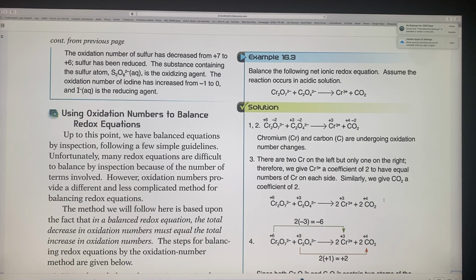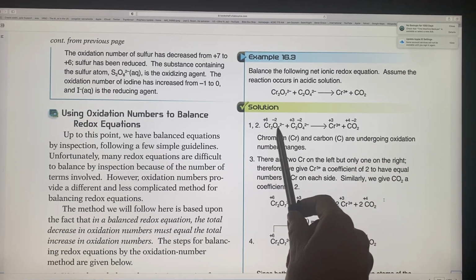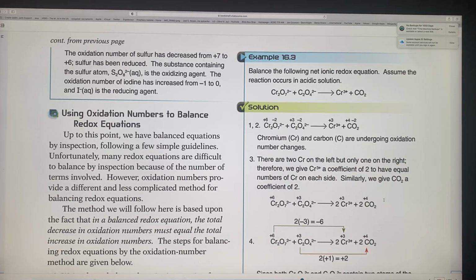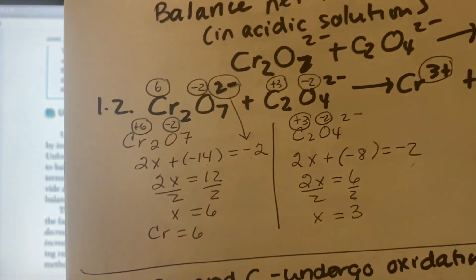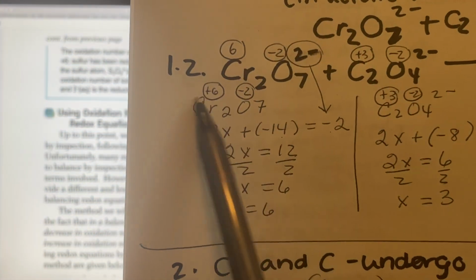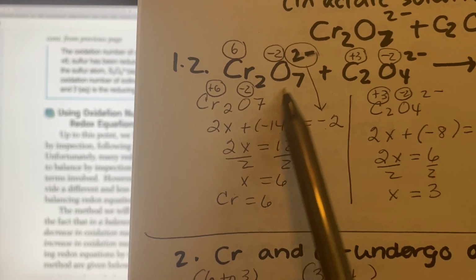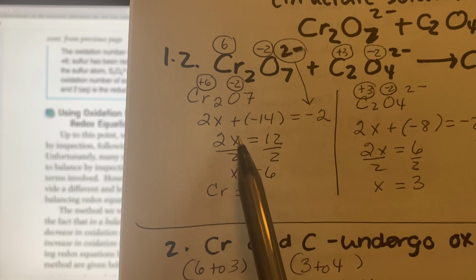So first, they assigned these numbers. Here's our equation, and they assigned these oxidation numbers. If you look here, you can see how. So we have chromium 2 and oxygen, and to figure out this number is 6, we don't know that 6 yet.